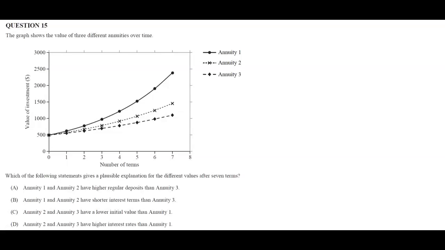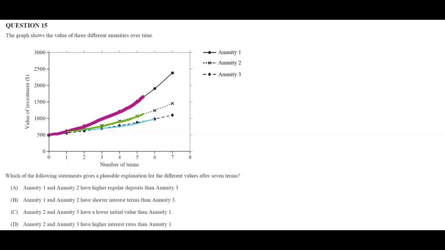Well, if we have a look at our graph, we'll notice that Annuity 1 goes up quite quickly. Annuity 2, a little bit more so than Annuity 3, and Annuity 3 is the lowest here. So Annuity 1 and 2 have higher regular deposits than Annuity 3.